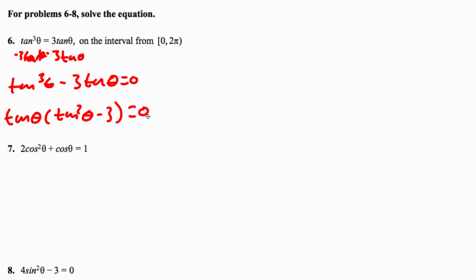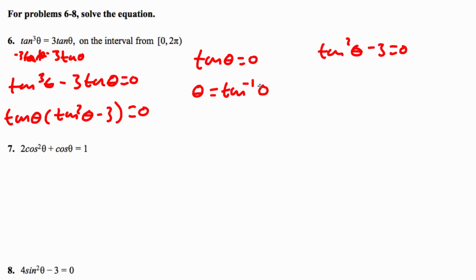Now we're going to use our zero product property to split this up. So we're going to take the tangent of theta equals 0 and the tangent squared of theta minus 3 equals 0. I'm going to work on solving this first one. Tangent of theta equals 0. We're going to have to use an inverse tangent, so theta equals the inverse tangent of 0.